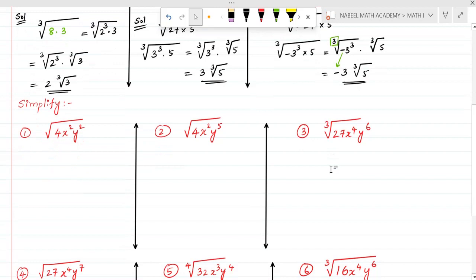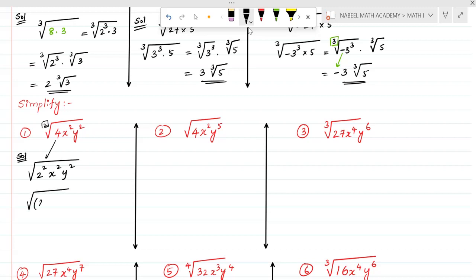In the next one, we will have the variables x and y. How will you write this part? It's very simple. The root is 2, so I have to write it as powers of 2. I write it as 2 power 2, which equals 4. And x square and y square are already multiples of 2, so I can take the whole power: 2xy whole square.